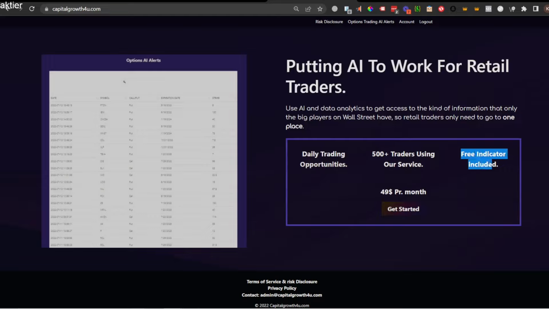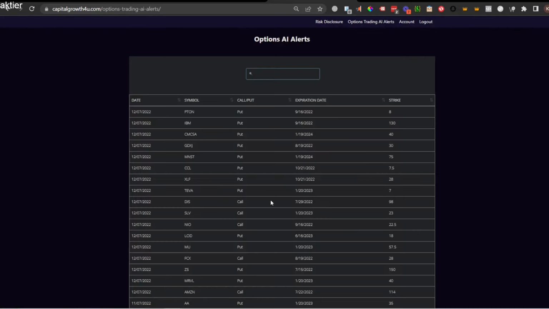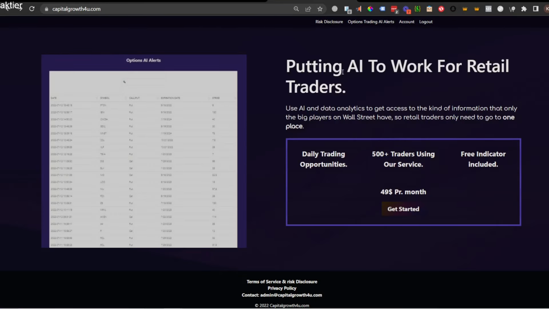You get it from the website, and this is updated daily. All right, here you see this website uses AI to find unusual options trades.